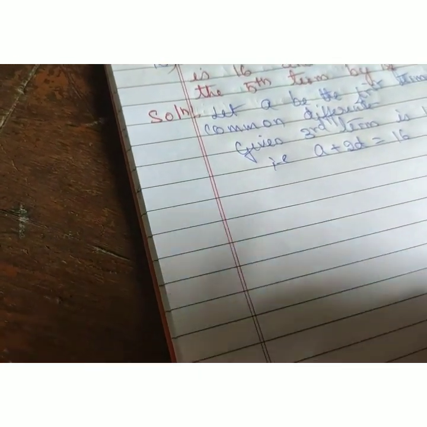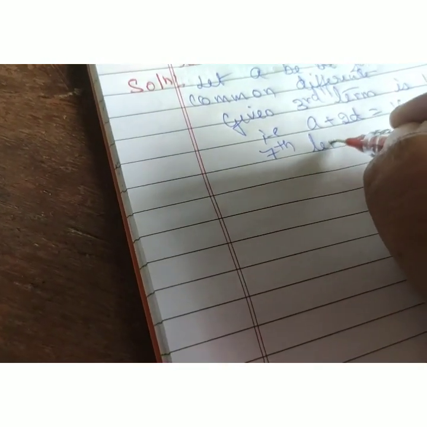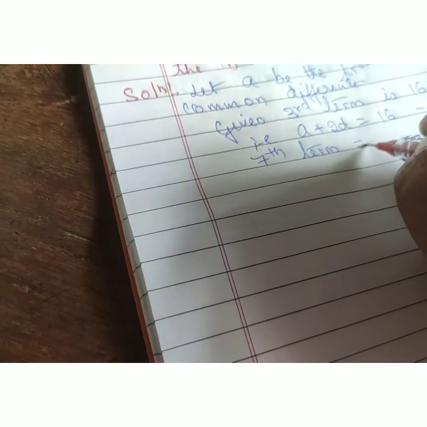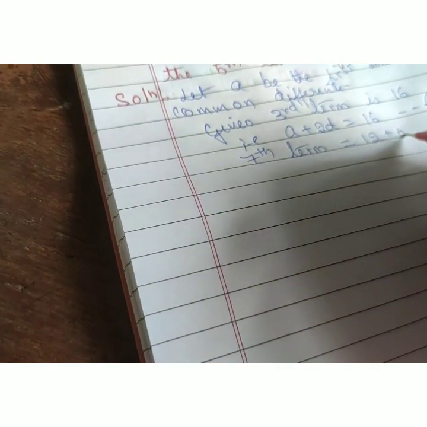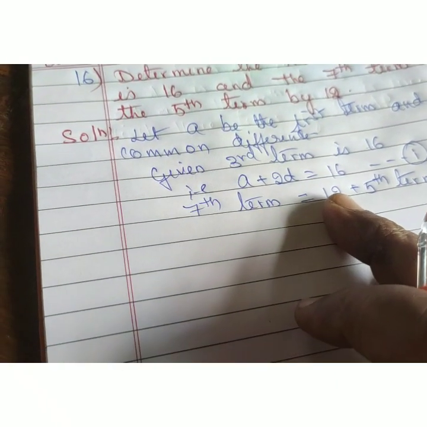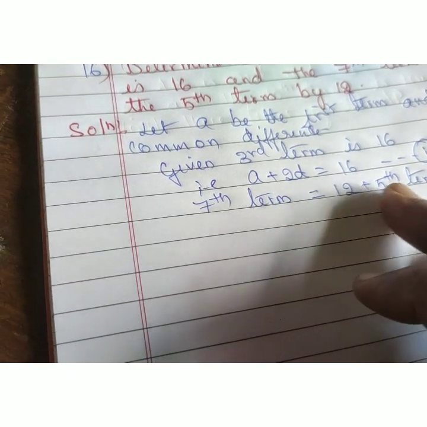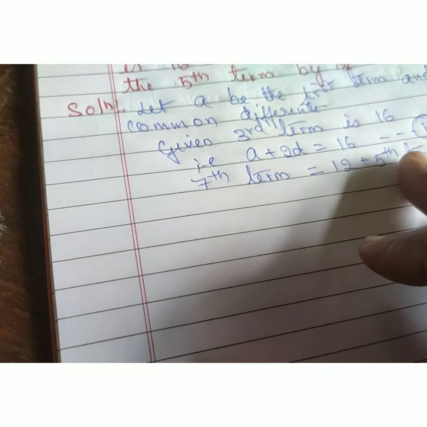What is next they have given? The 7th term is equal to 12 plus the 5th term. The 7th term exceeds the 5th term by 12, that means it is more by 12 than the 5th term.